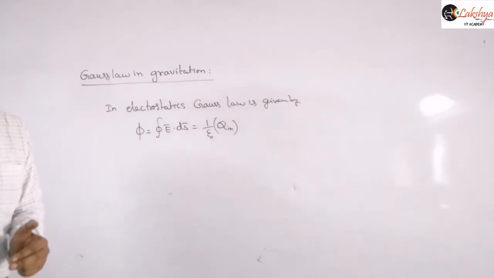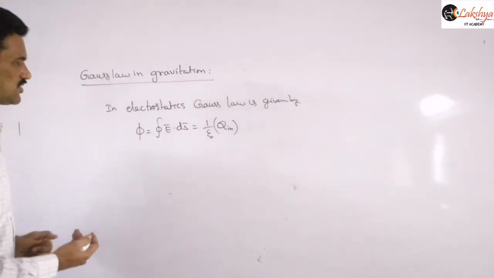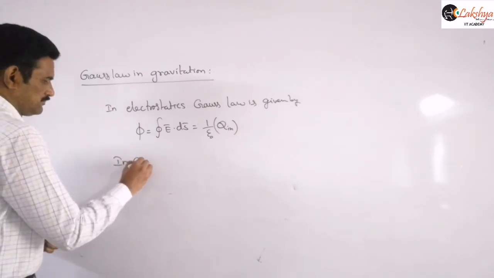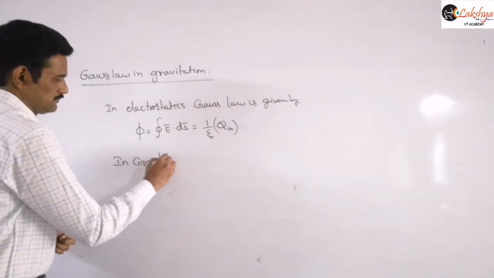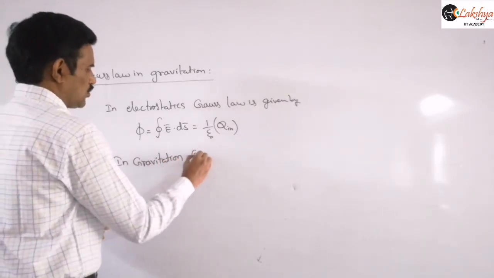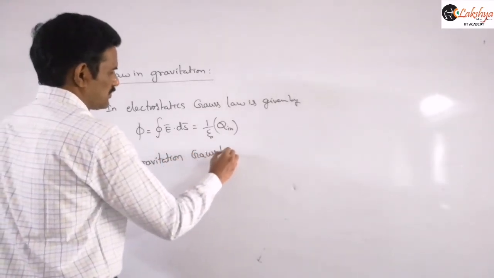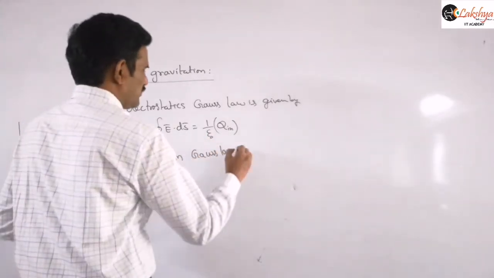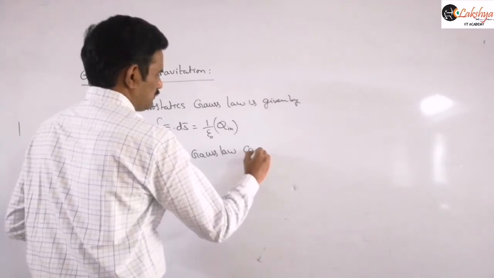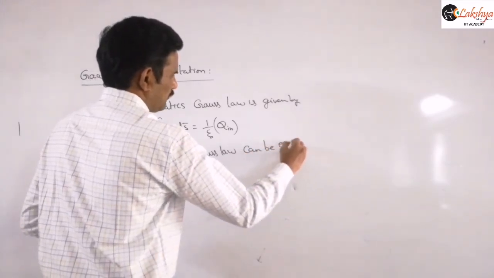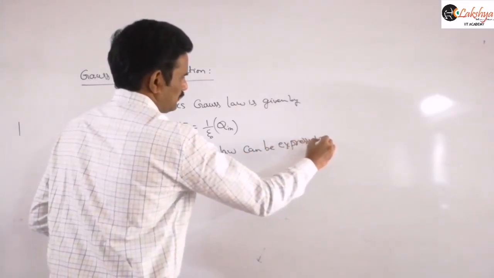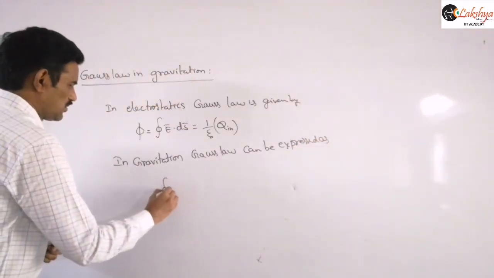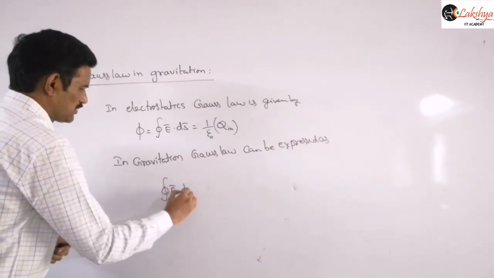Now we are going to convert that in terms of gravitation. So in gravitation, Gauss law can be expressed as the integral of E bar dot ds bar.